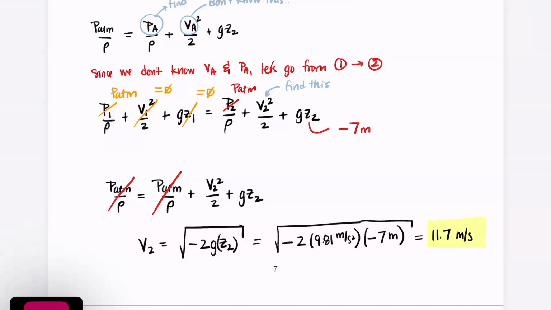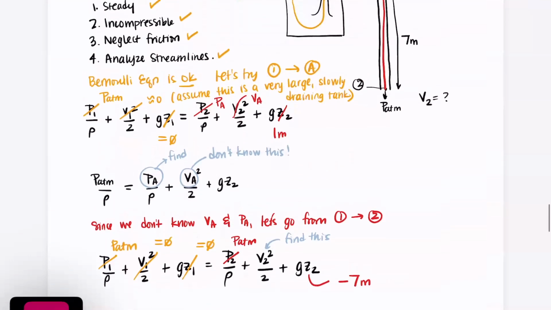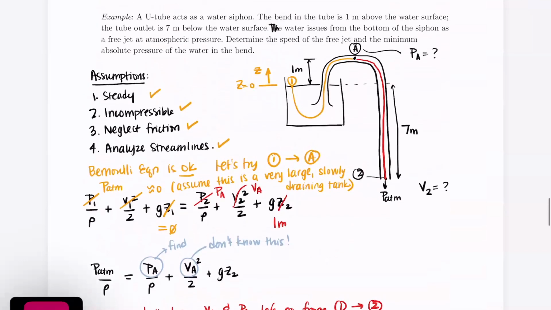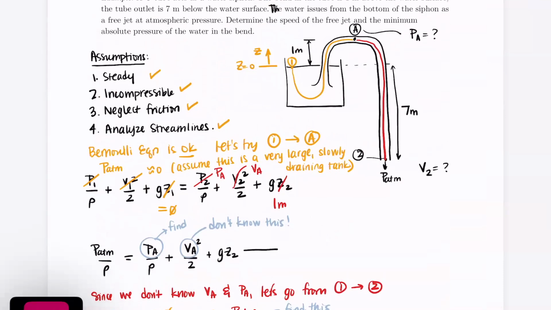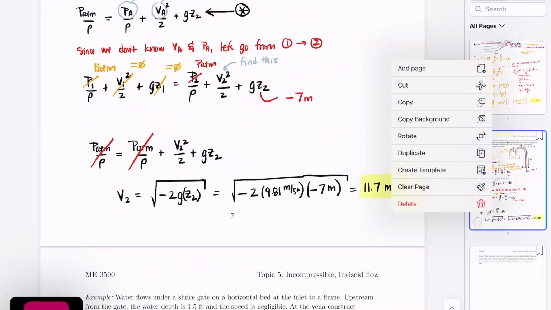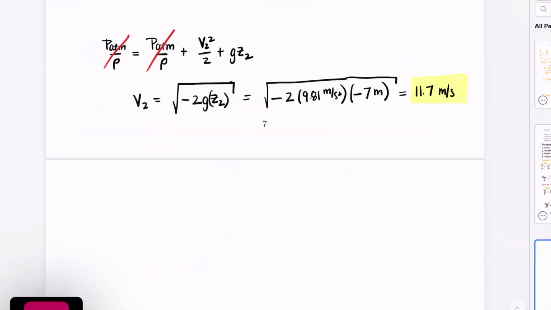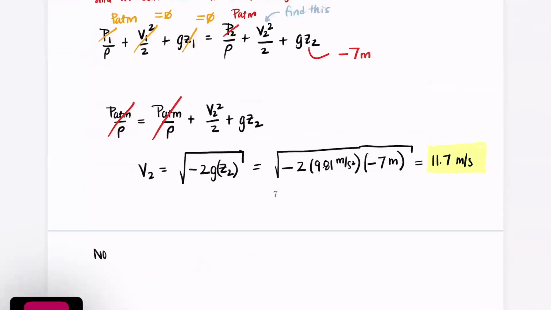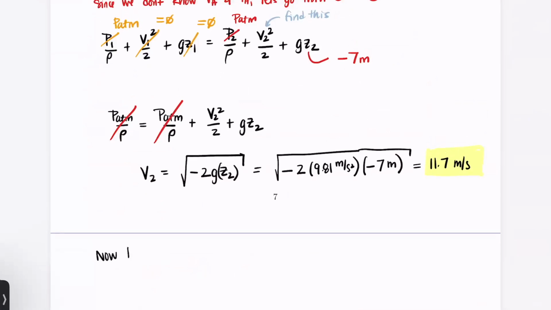All right, so that's awfully handy. We've figured out one thing. We still want to find PA, and I would suggest that we come back to this equation. So I'm going to call this equation star. I'm going to add a page in here. So now to find pressure at A, we're going to go back to equation star.